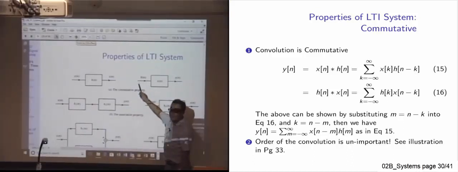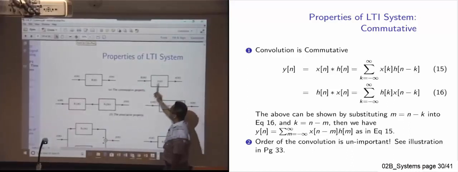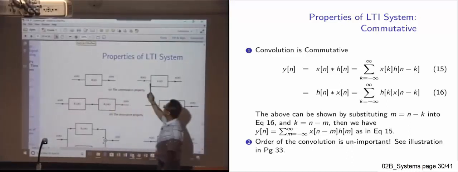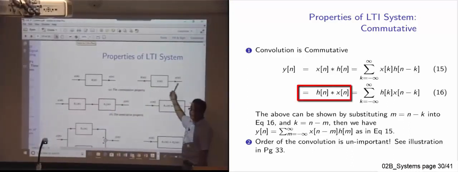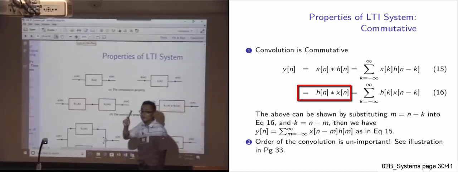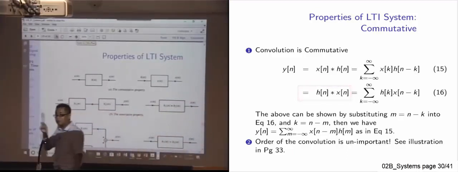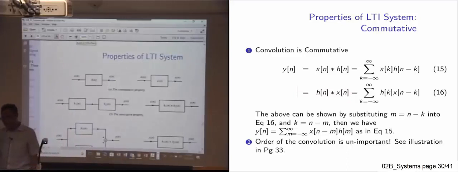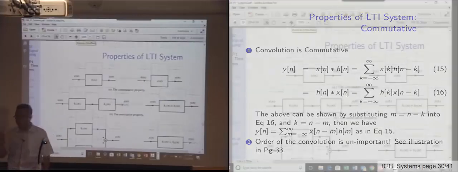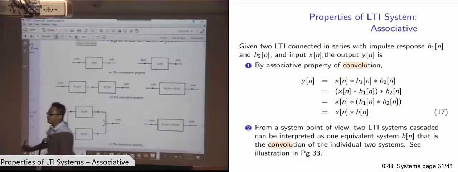If now I send h into a system, and the input looks like this, h convolved with x, I'll still get y. x convolved with h and h convolved with x will produce the same y, just like 2 times 3 is the same as 3 times 2. It's commutative.